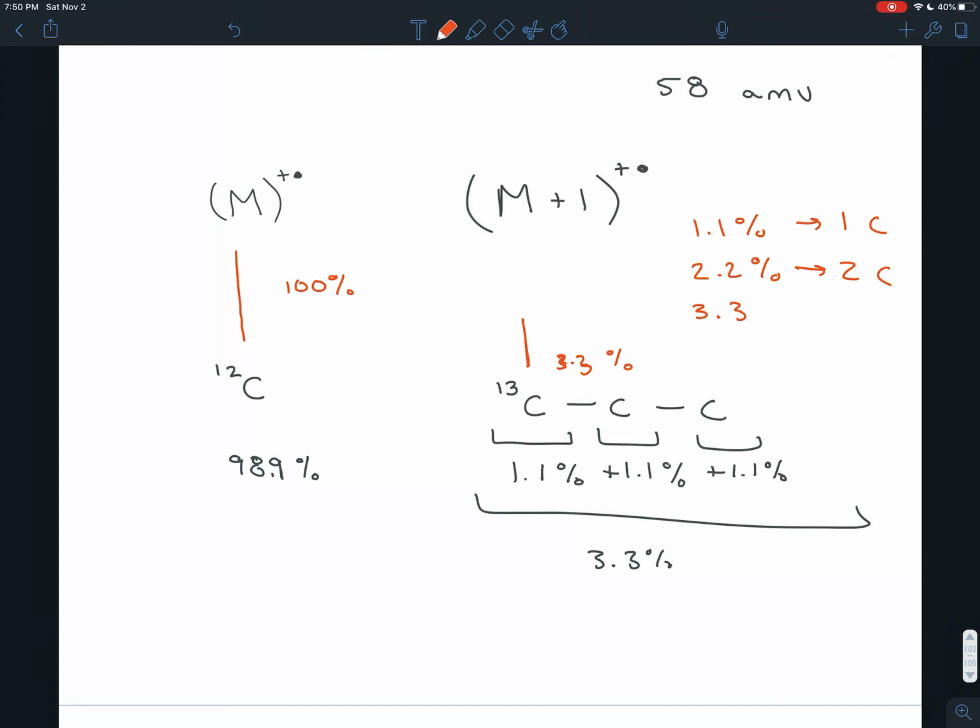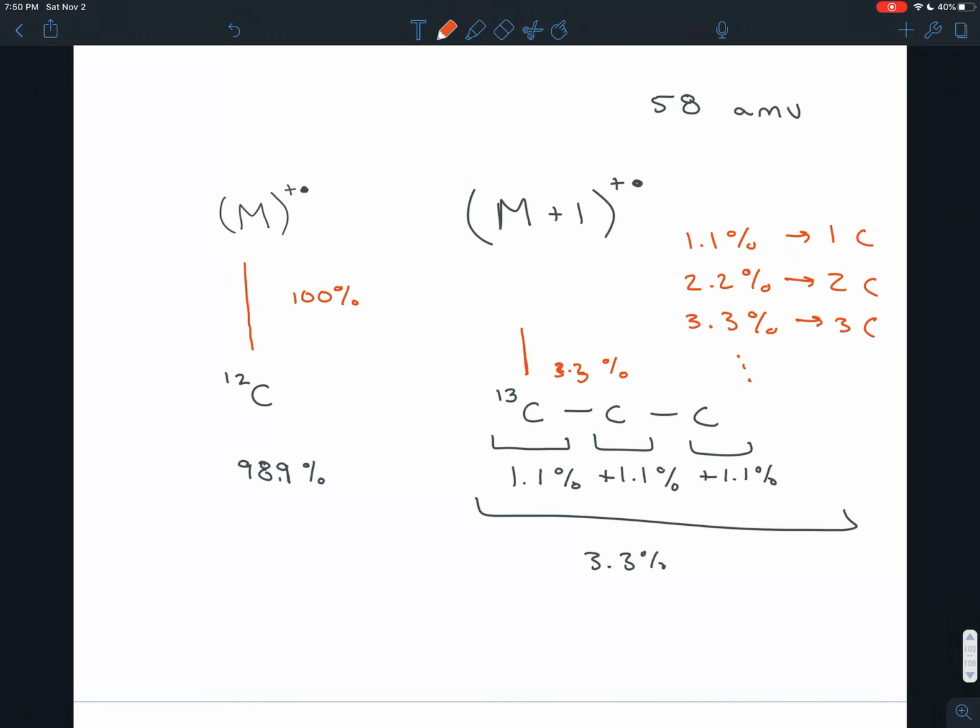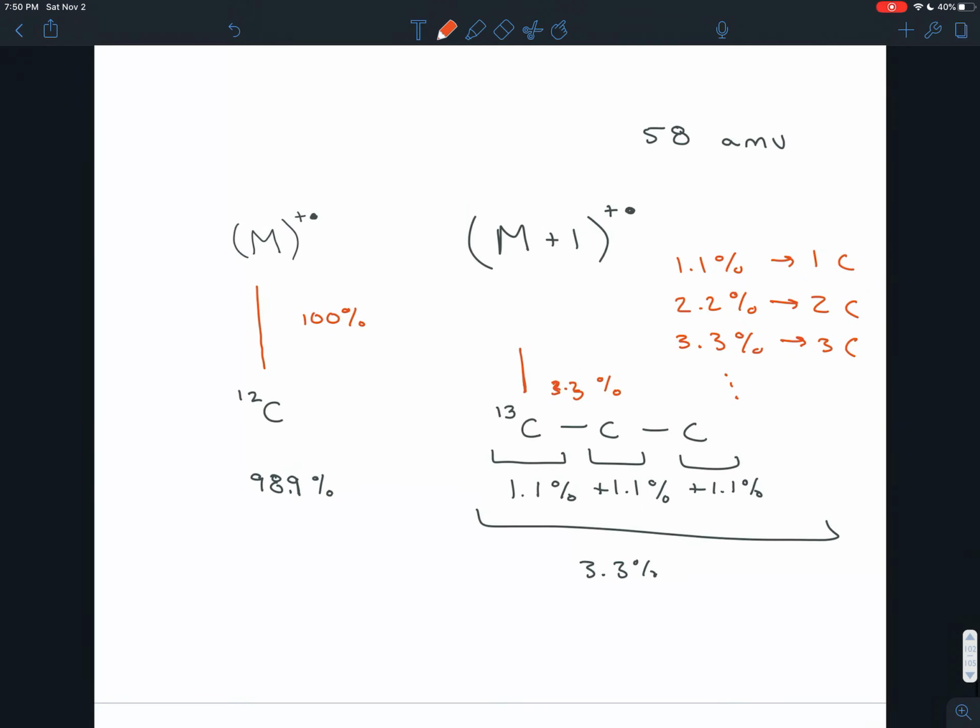If it's 3.3%, then you have 3 carbons, and so on. 4.4%, then you have 4 carbons, 5.5%, then you have 5 carbons. So you can use the relative abundance of carbon-13 and the M+1 peak on the mass spectrum, the relative height of that compared to the molecular ion peak, to figure out how many carbons are in your molecule.